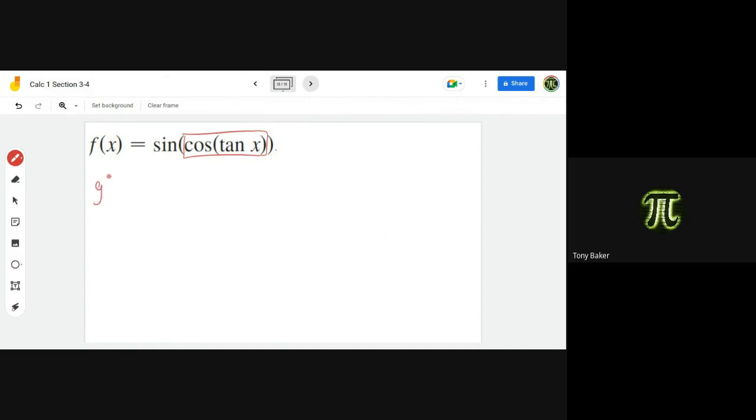So if g of x is cosine tan of x, and I want to find what g prime is, because that's in essence what I would want to do, well, I have another chain rule.